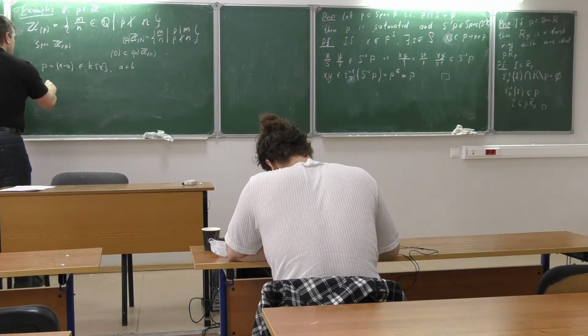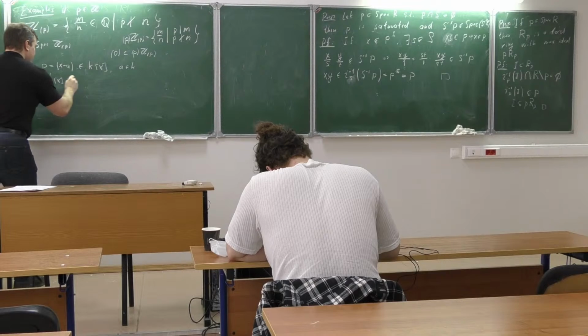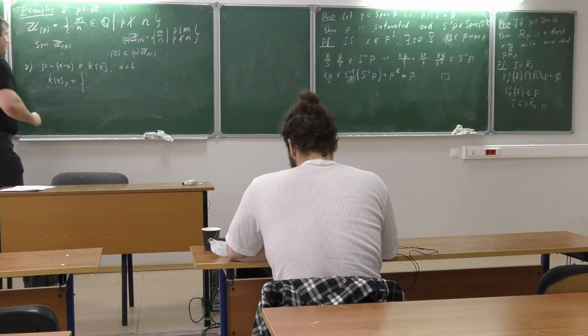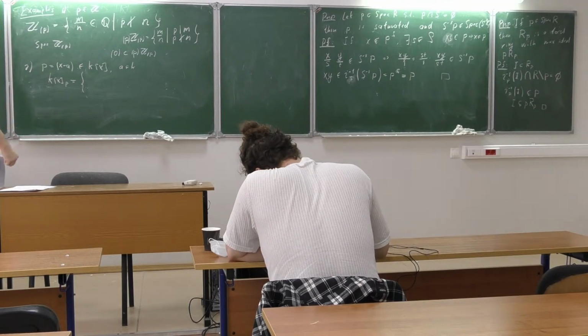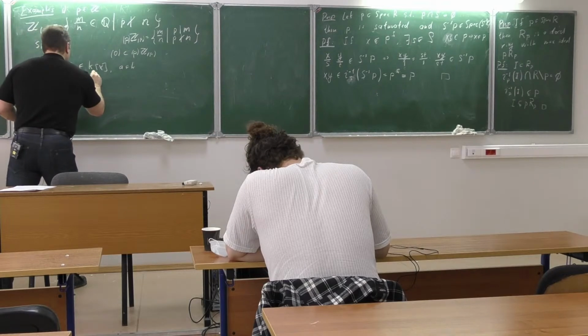What would be the localization of the polynomial ring at this prime ideal? Now again, everything sits inside rational functions, so we can describe this as a rational function, say f over g.